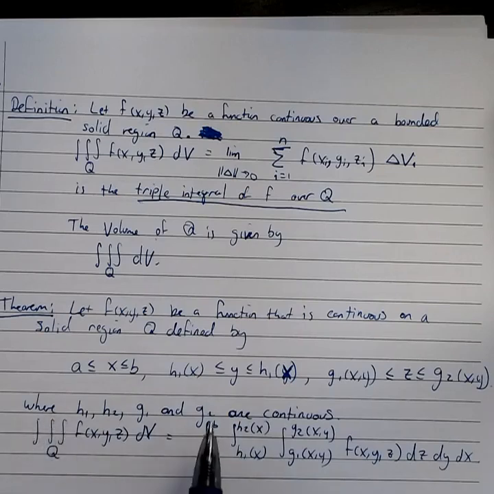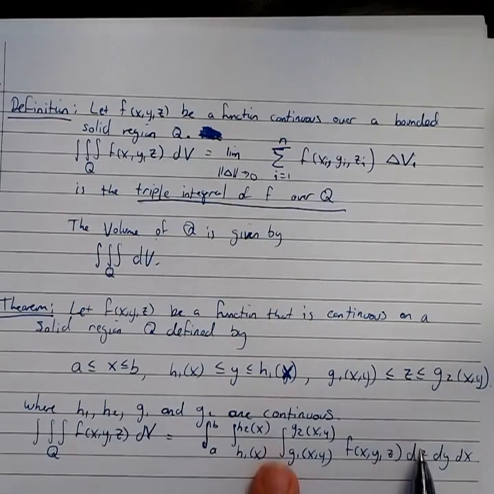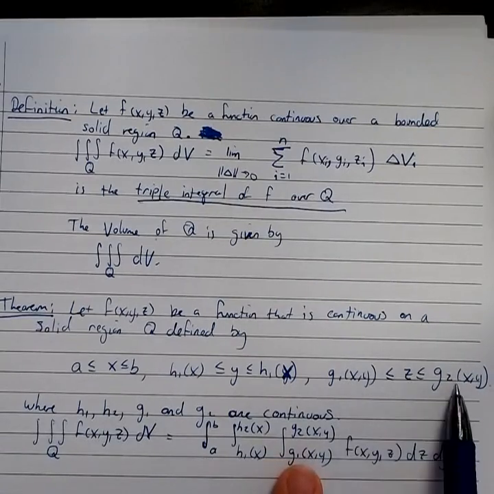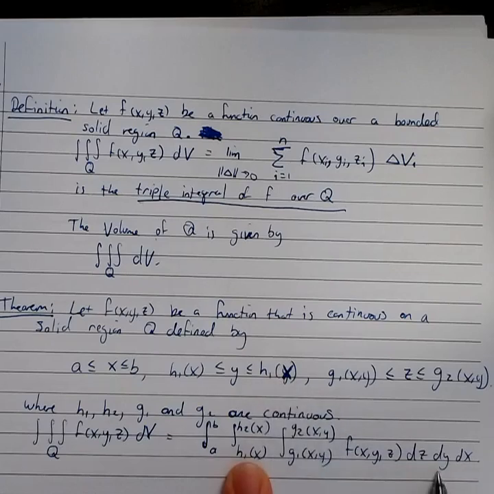A double integral was evaluated as a doubly iterated integral. Now a triple integral will be evaluated as a triply iterated integral of f of x, y, z. Here, z goes first, and it's bound by these functions. Then y is bound by these functions. And finally, your last variable should only be bound by constants.